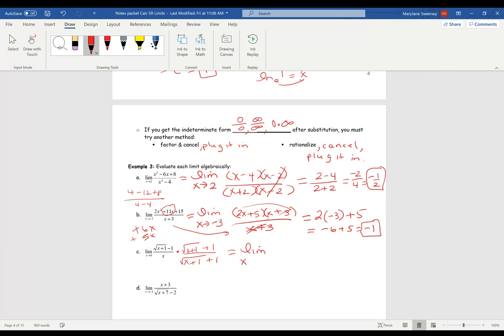So limit as x approaches 0. Here I multiply through. Firsts give me x plus 1. Outers and inners are going to cancel out. Maybe for the sake of your notes here, I'll write it. But we're basically just going to get plus that radical x plus 1 and then minus that radical x plus 1.